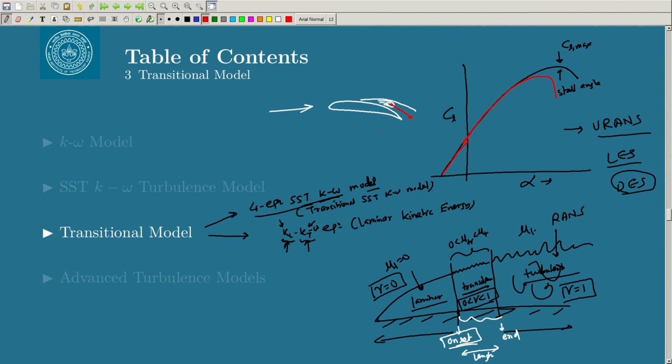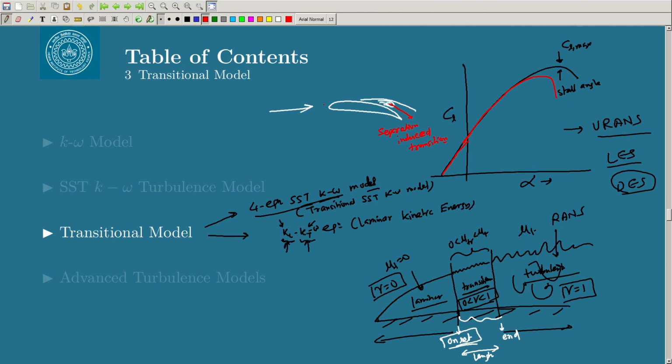So, this is called a separation induced transition. The flow may be laminar upstream, but because of the separation, some activity started happening in the boundary layer, and that made the flow transitional.